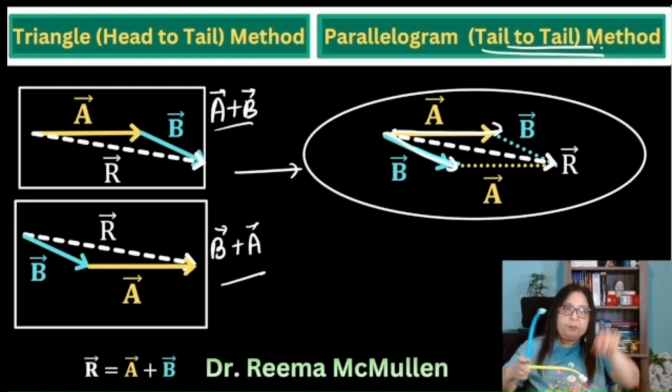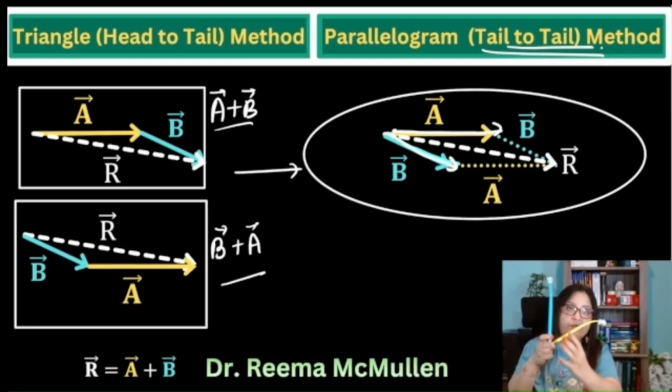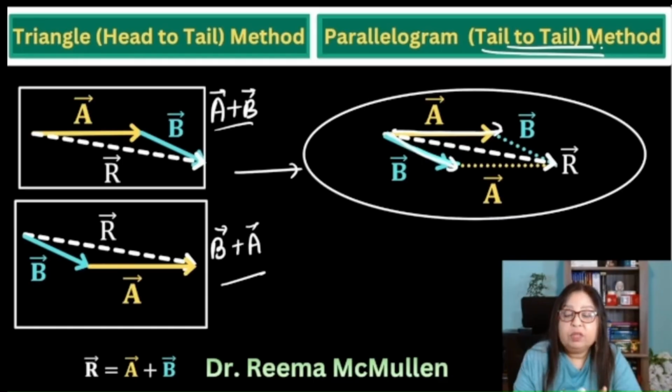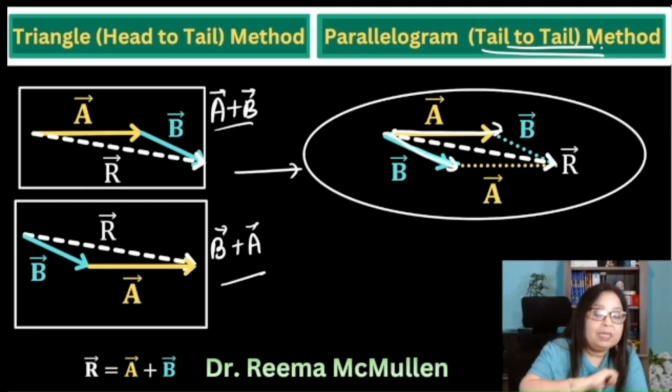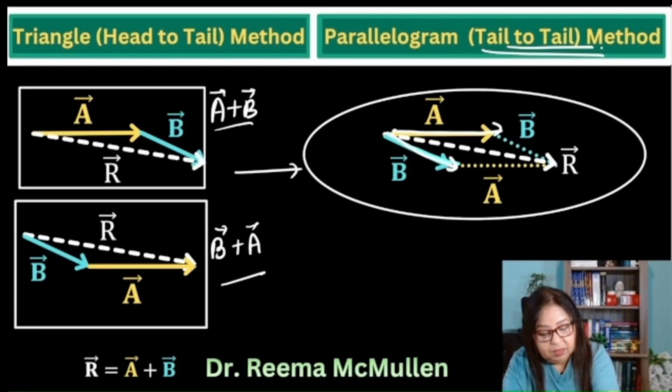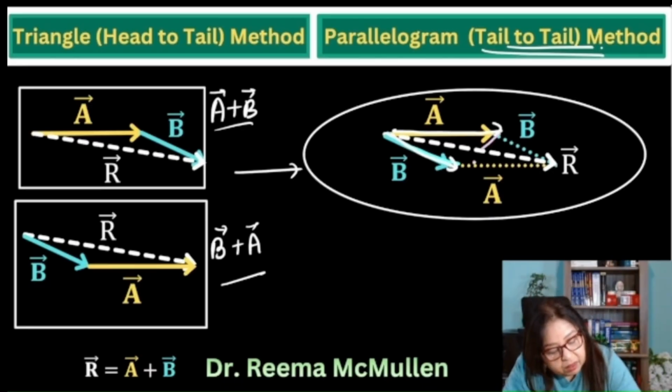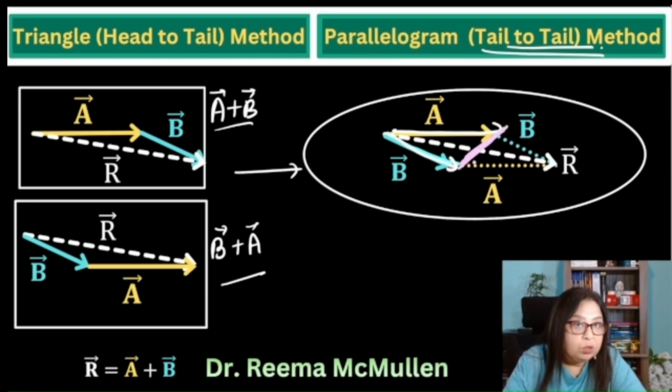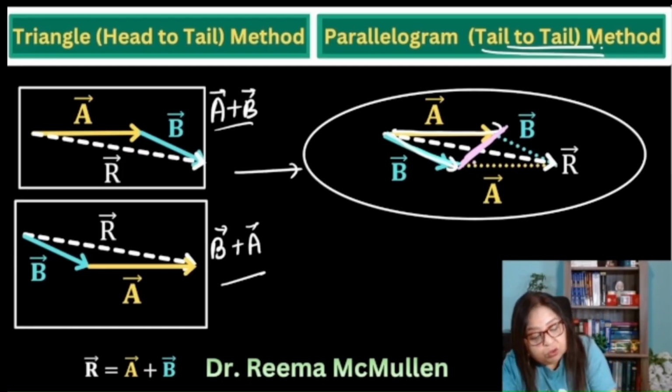And then construct a parallelogram using these two vectors as the two consecutive sides of a parallelogram. Then the resultant of the sum of those two vectors is the diagonal of the parallelogram going through those two vectors' tails. That means if I draw this diagonal in pink color, this will be wrong answer. This is not going to be the correct resultant of vector A and B. The resultant has to go through wherever the tails of those two vectors join. So it has to be this.